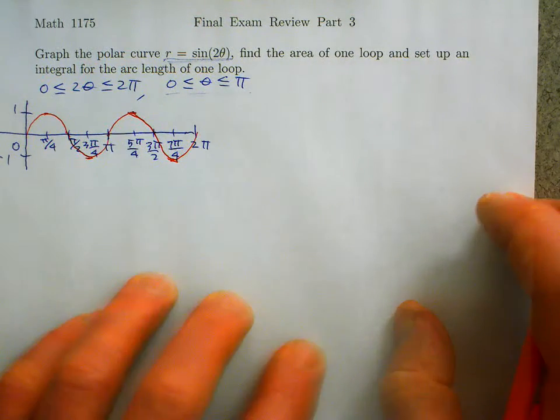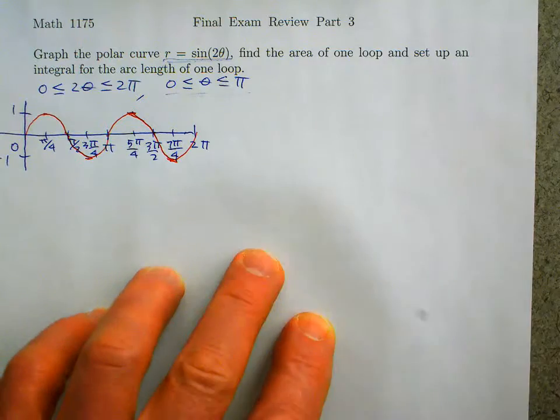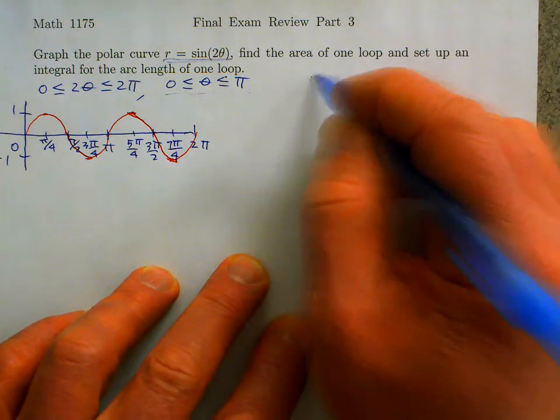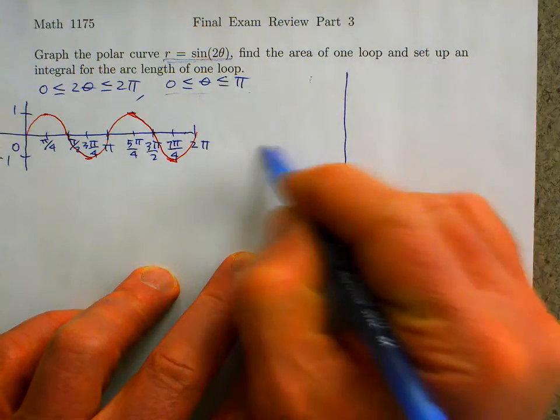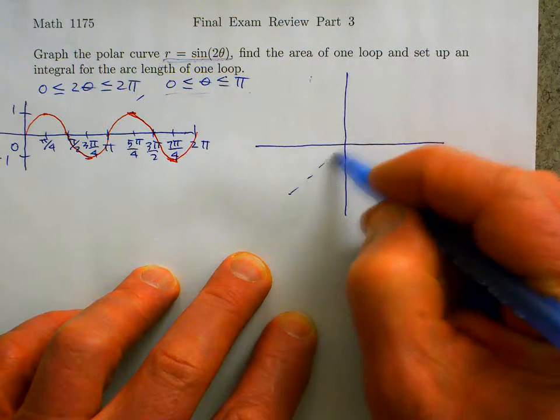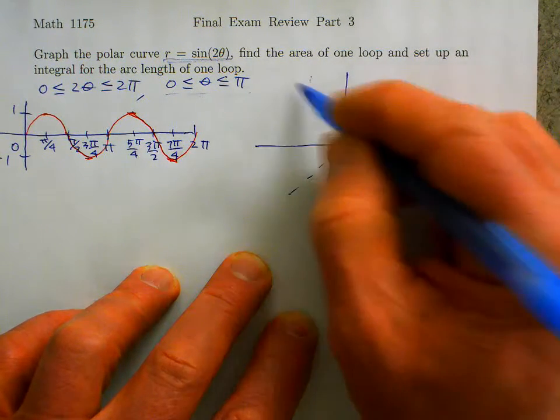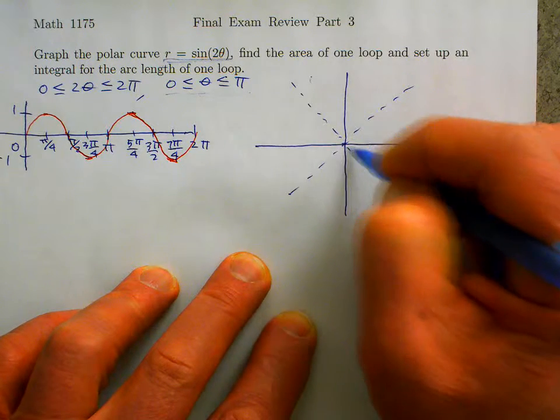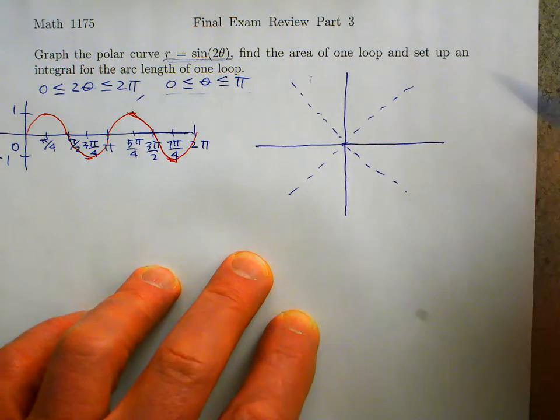Okay, then the polar curve. These dashed lines are where the multiples of pi over 4 are.